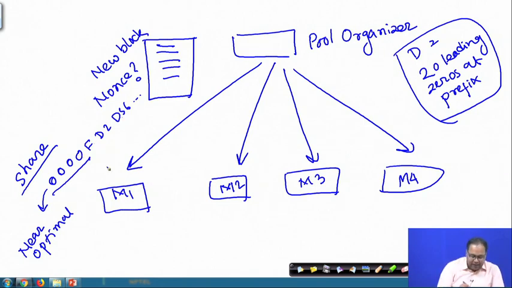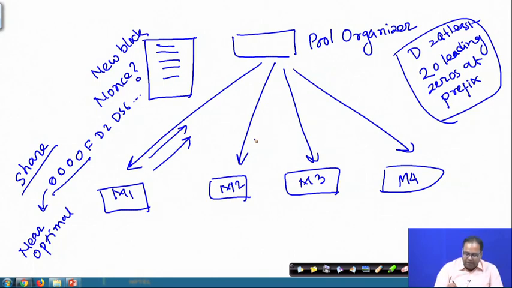So, this miner also forwards these near optimal blocks to the pool organizer, as well as the block which is optimal. If one of the miners can find a hash with at least 20 leading zeros at the prefix, then that is the solution.